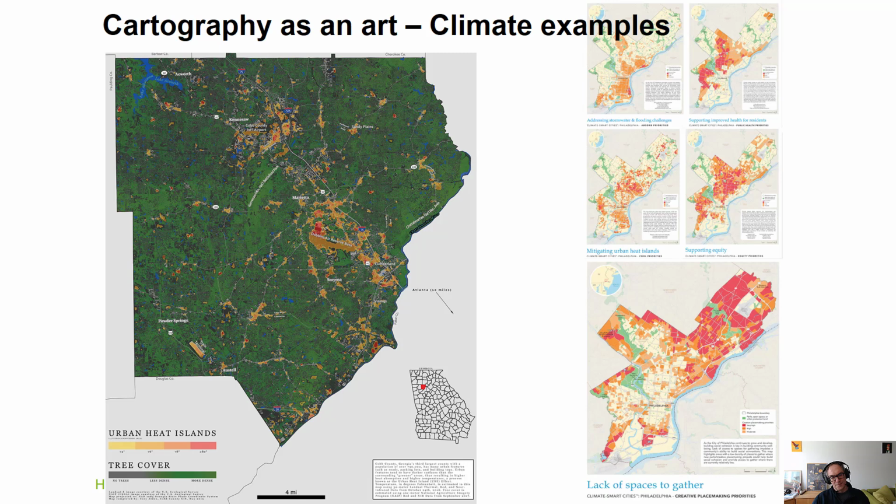We have a couple more examples on the right side from the Philadelphia Climate Smart Cities project, and some of them are also addressing urban heat islands and the link to health and social issues. And usually green is positive, for example in the context of heat islands, cooler.